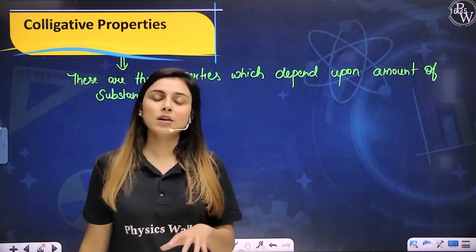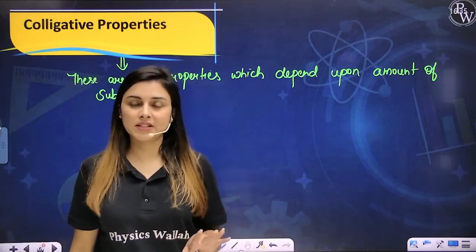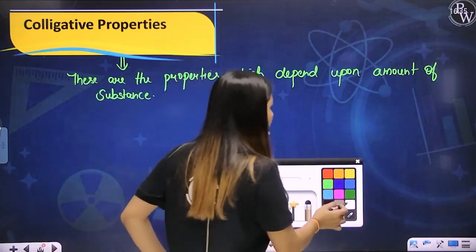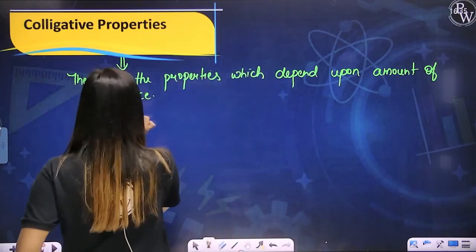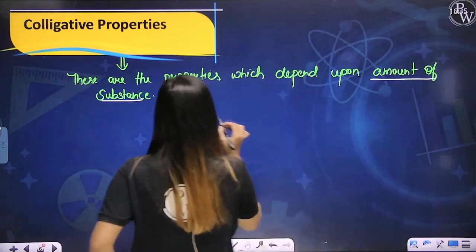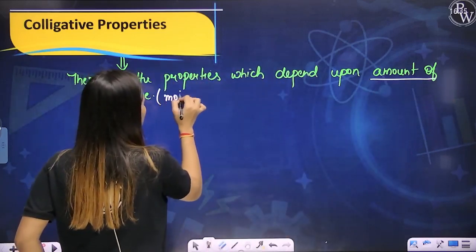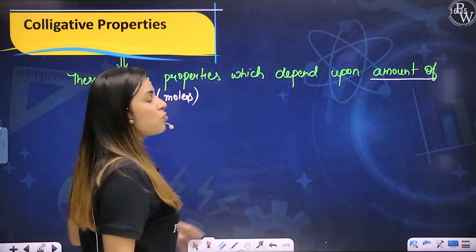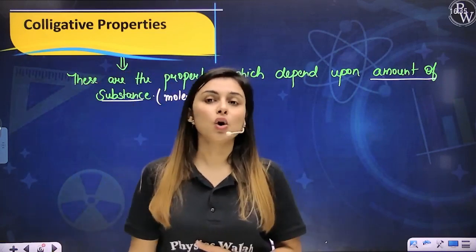Now let's understand what it means by amount of substance. My dear students, whenever in chemistry amount of substance is mentioned, this means that they are talking about moles. They are talking about the moles of that particular component.